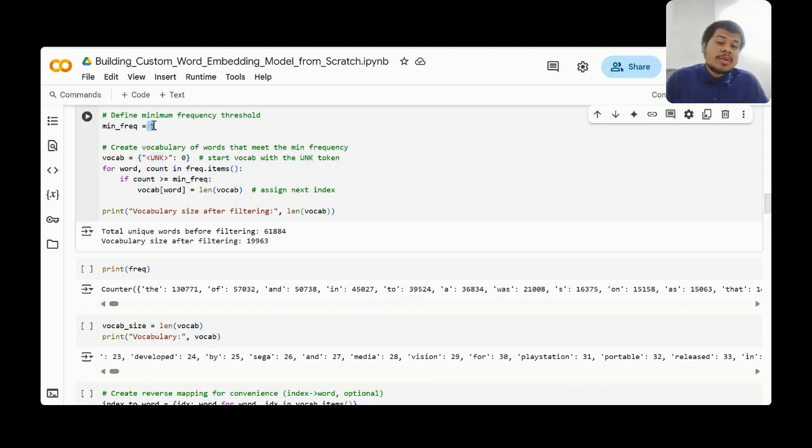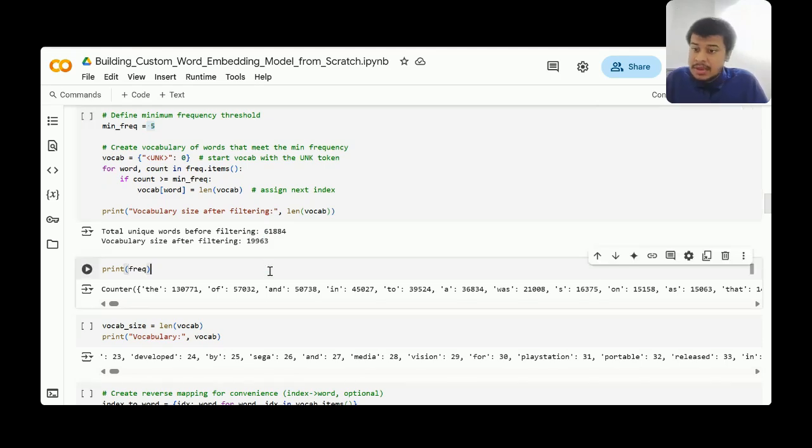Many words like "the" could be repeated a lot of times, so we have given a minimum frequency threshold of 5, so that if a particular word occurs at least 5 times, it will be included as a unique word. After doing that, we get around 19,963 unique words in our vocabulary. So our vocabulary size is 19,963.